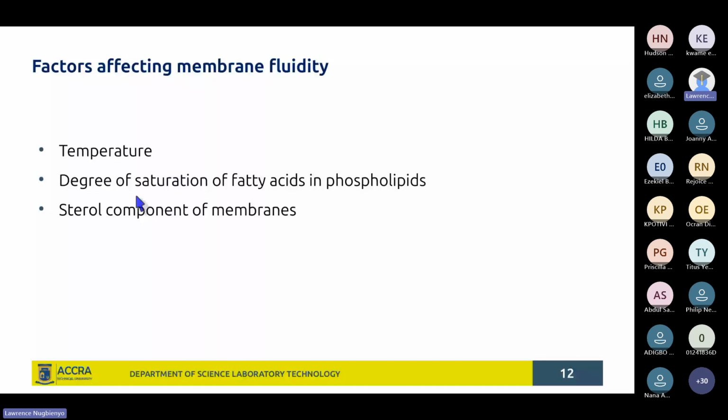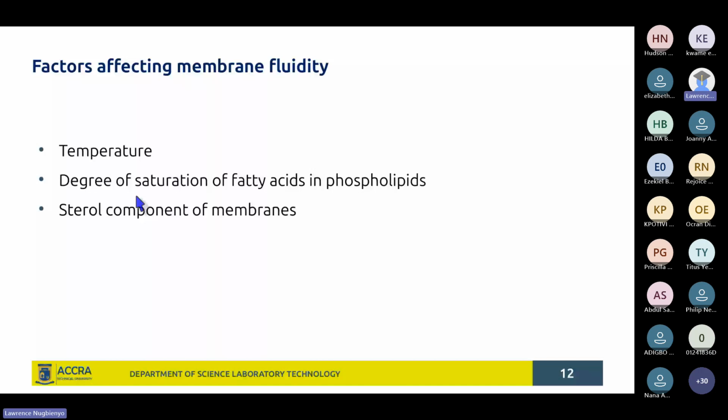The more saturated fatty acids you have, the less fluid that membrane is going to be. That is to say, if you have a lesser amount of unsaturated fatty acids with double bonds in a membrane, then that membrane will be less fluid.